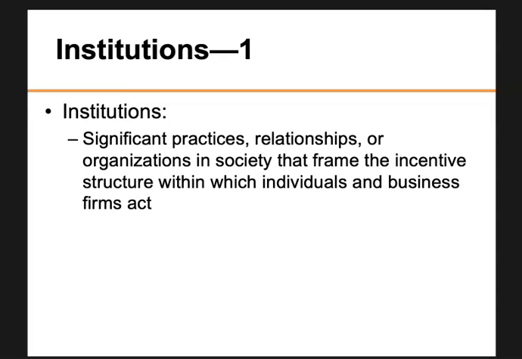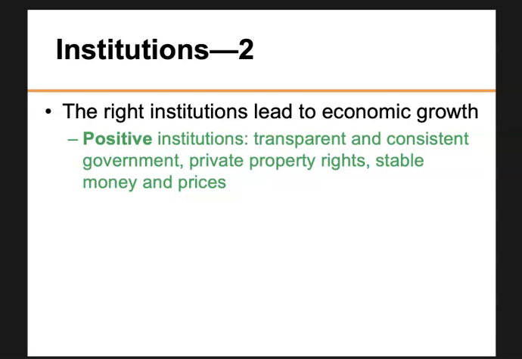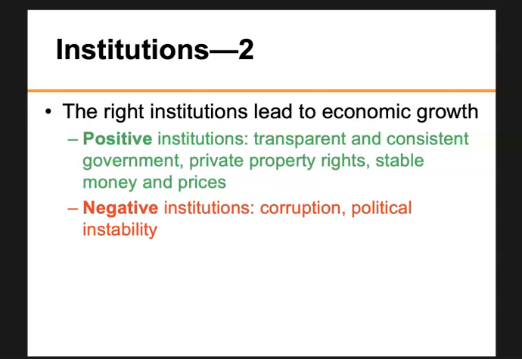That is why we want better technology. So in order to secure this benefit, institutions, formal or informal, must be in place. The right institutions lead to economic growth, right? Positive institutions include transparent and consistent government, private property rights, and stable money and prices so that uncertainty can be minimized. Negative institutions could be corruption and political instability.